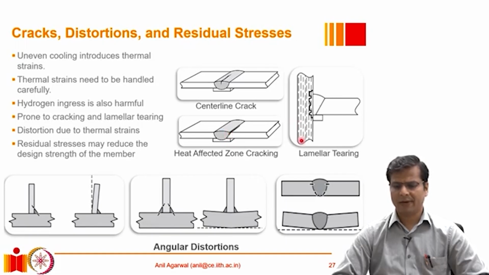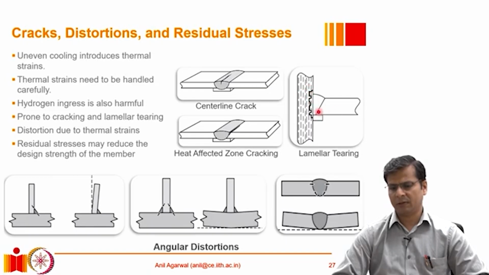Also, if we are welding some hot rolled sections, often it is observed that as a part of the process of hot rolling, some internal defects are introduced, and these defects are usually parallel, which basically create weak zones or weak interfaces between the layers of material.